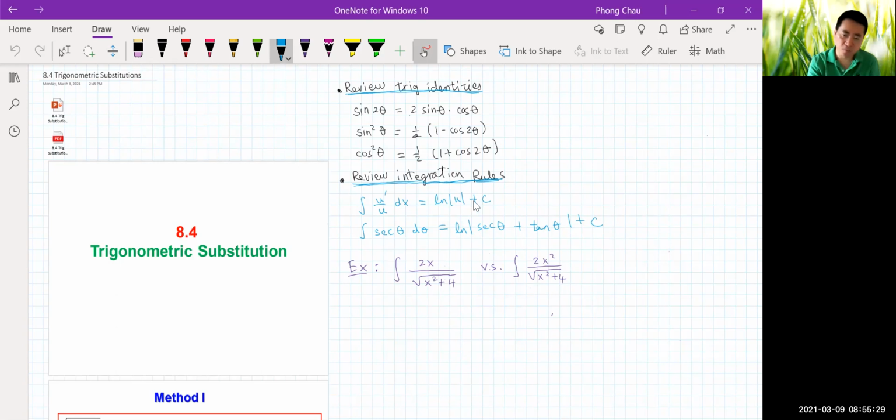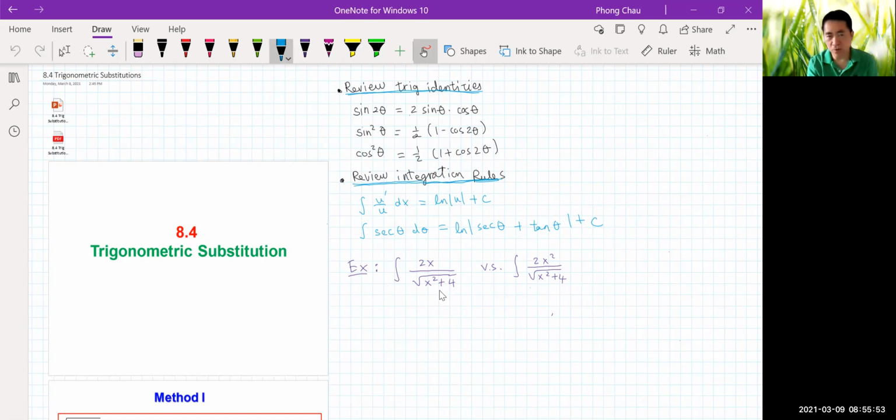Looking at the first one, remember that when you are dealing with integrals, one thing you could do is simplify using algebra, but in this case there's nothing we can do. We cannot simplify, so we're going to use a substitution.